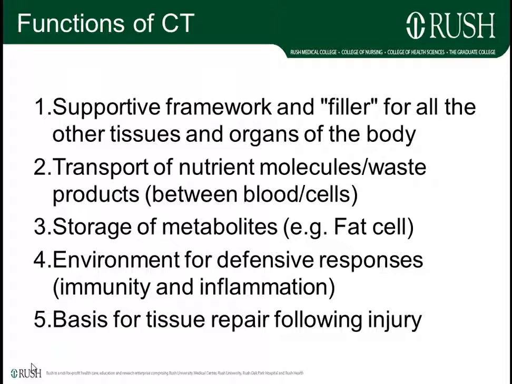It is the place where metabolites are stored, most particularly in fat cells, which we'll take a look at in a few minutes. It is the environment in which defensive responses occur. So the immune response and inflammatory reactions take place in connective tissue compartments. And the matrix components and the cells are the basis for which tissue repair following injury occurs.